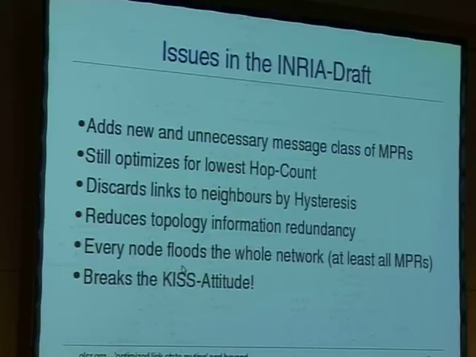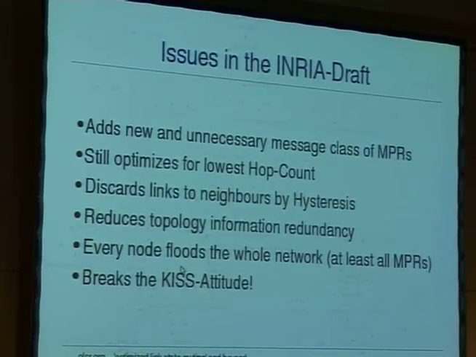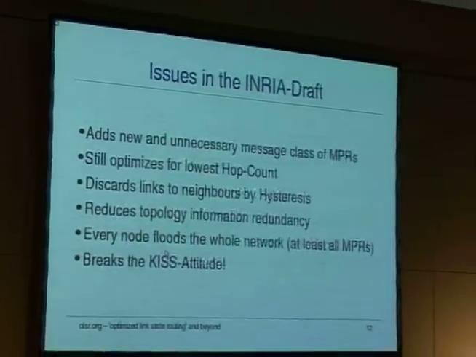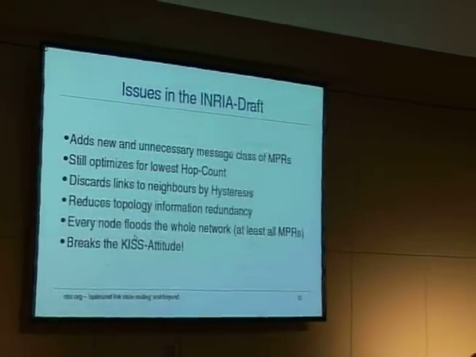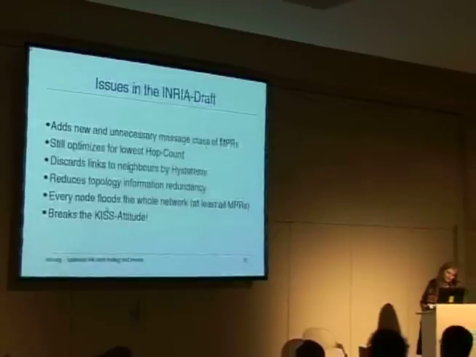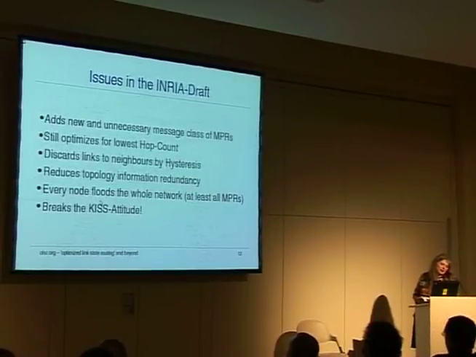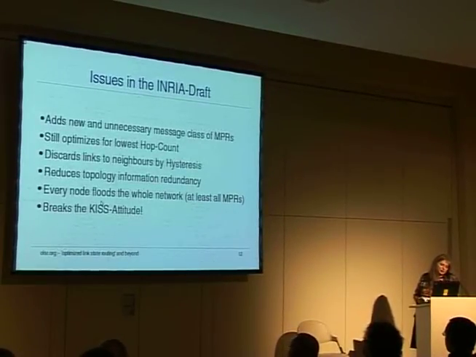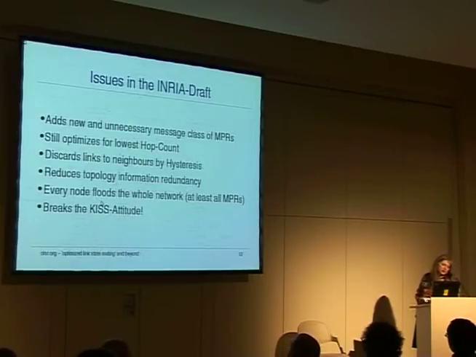It adds a new and, in my opinion, unnecessary message class that tells who is a multi-point relay or not. It's still like the previous routing protocol that we tested, mobile mesh. It optimizes routes for the lowest hop count. It tends to find the shortest path, which is not fortunate, and I will explain this later on.